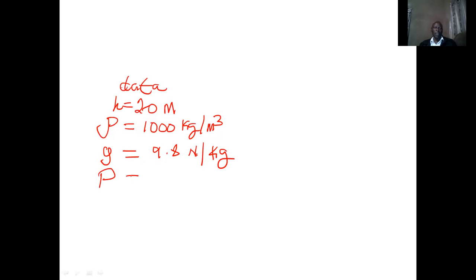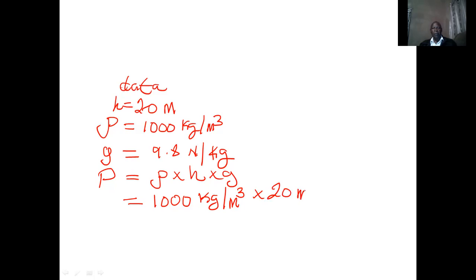As we said, pressure is equal to density multiplied by height multiplied by gravitational field strength. And we know all this now. We have 1,000 kilograms per cubic meter multiplied by the height, which is 20 meters, multiplied by gravitational field strength, which is 9.8 newtons per kg.